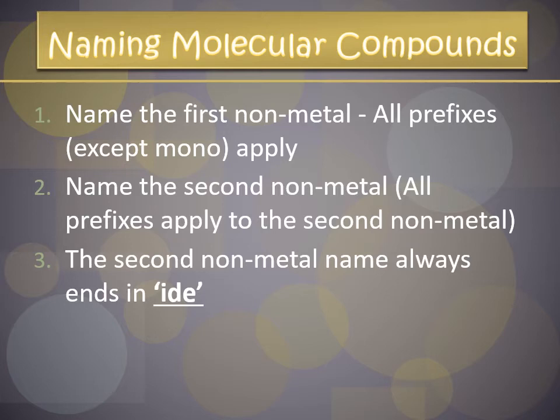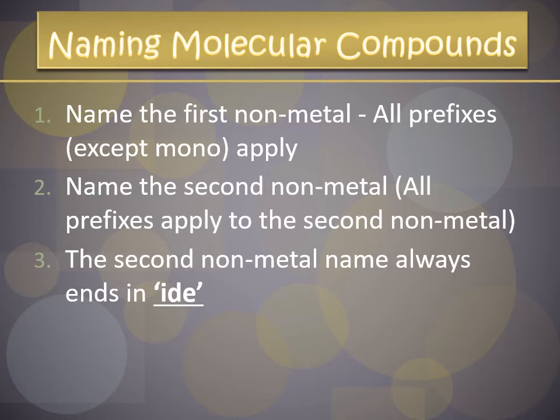Then you're going to name the second nonmetal. And for the second nonmetal, you're going to use the name of the nonmetal, but also the prefix that applies to the number of atoms. And in this case, for the second nonmetal, you are going to include mono in the naming. So mono is never used for the first nonmetal, but it is always used for the second nonmetal.